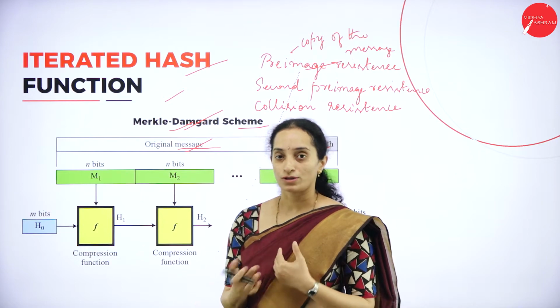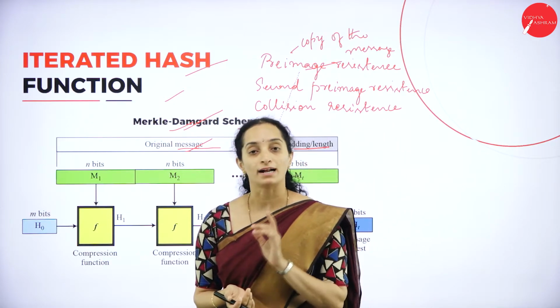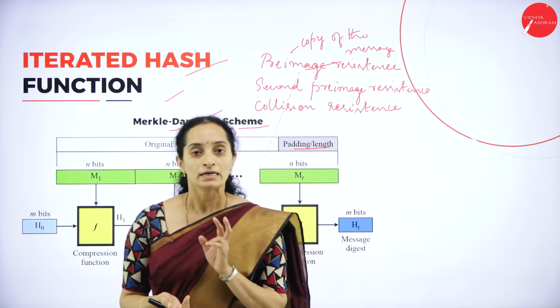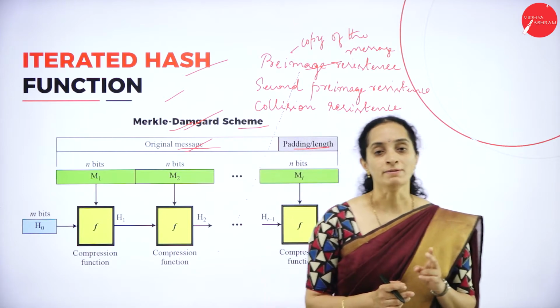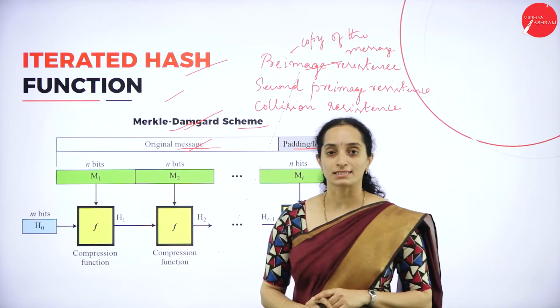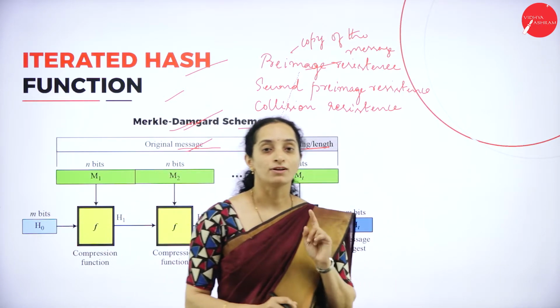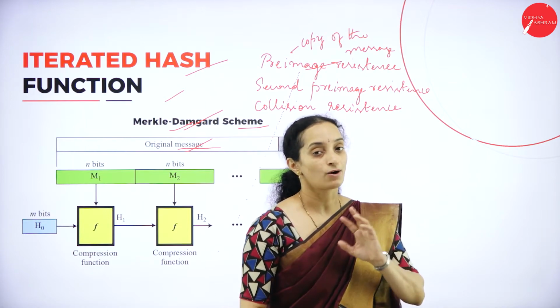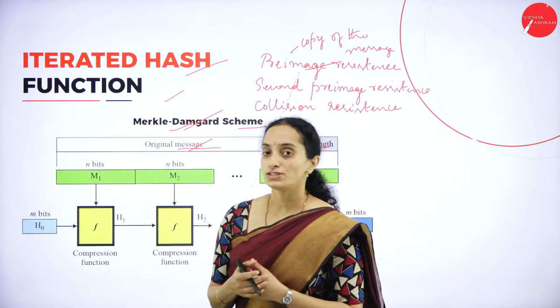The authenticated user can create the copy, but the adversary must not be able to create or forge the copy. That is why pre-image resistance and second pre-image resistance are checked, so that the adversary will not be able to create a copy or forge the same message and change it.